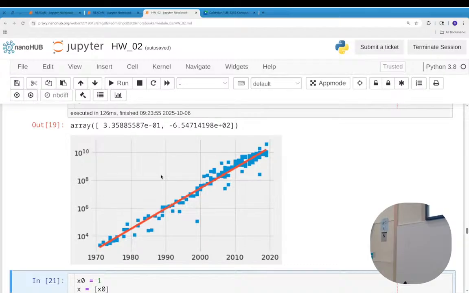Well, if it's a straight line on a log plot, there's got to be some kind of pattern.